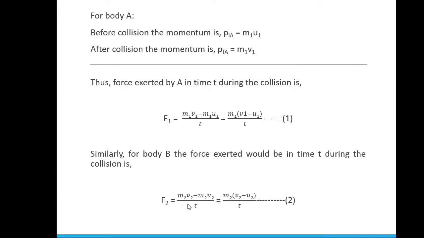So the rate of change of momentum will be (m2 v2 minus m2 u2) by t, which is nothing but the force exerted by the body B. So taking m2 common, we get m2 (v2 minus u2) whole divided by t. That is our equation 2.